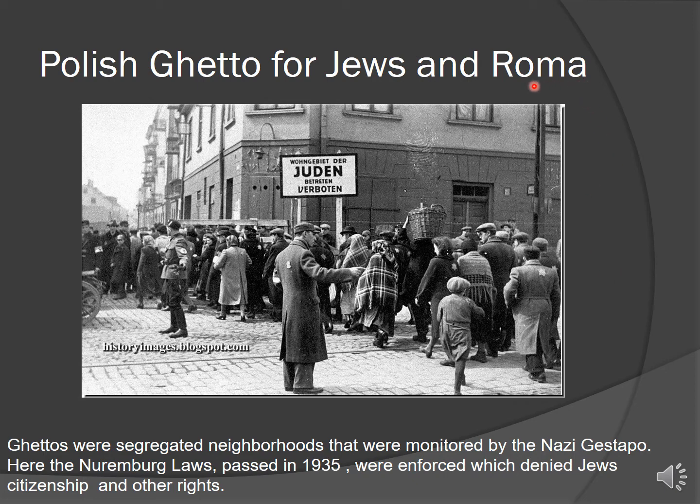The other big group of people that were being discriminated against in the Holocaust, and there were others as well, and I'll talk about all of them in a minute, were the Roma. And the Roma are like the gypsies of Europe. They were seen as not conforming to society. They oftentimes were traveling performers, or they wandered around. They were seen as being people who lived off of crime.